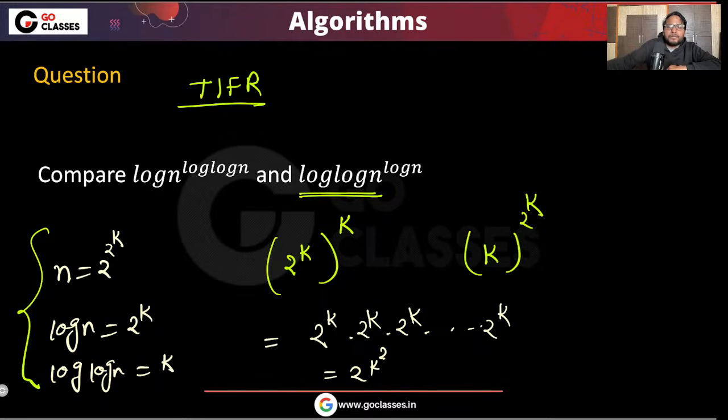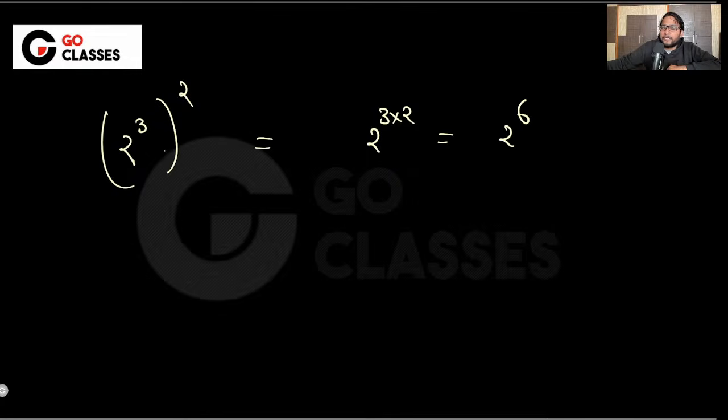See, if there is something like 2 power 3, in bracket, power 2, can you not write this as 2 power 3 into 2, which is 2 power 6? You can definitely write that. But suppose it is like 2 power 3 power 2, without brackets. By default the exponent is evaluated from the top.